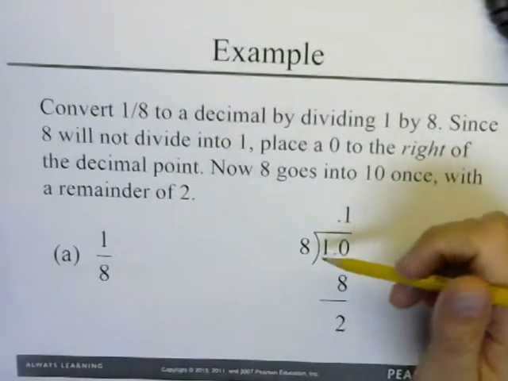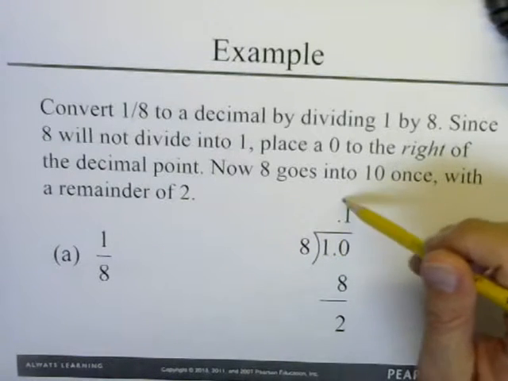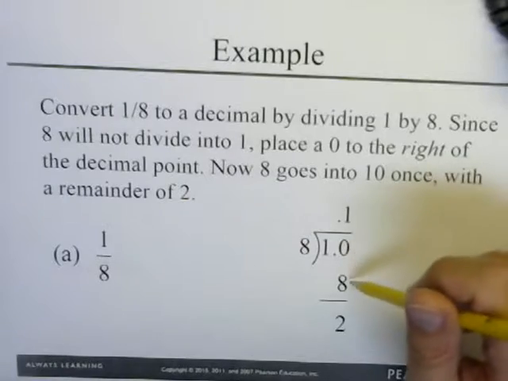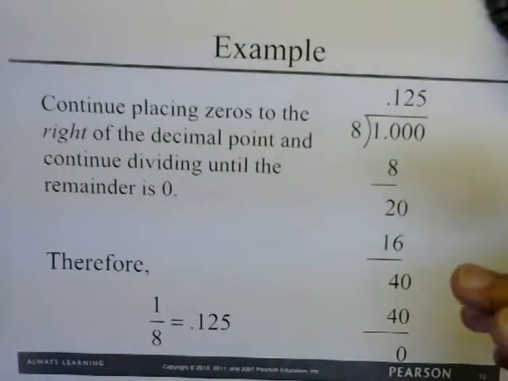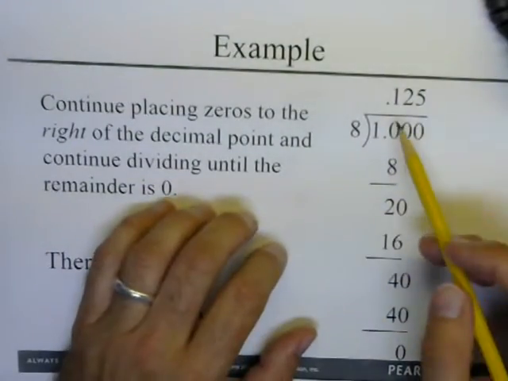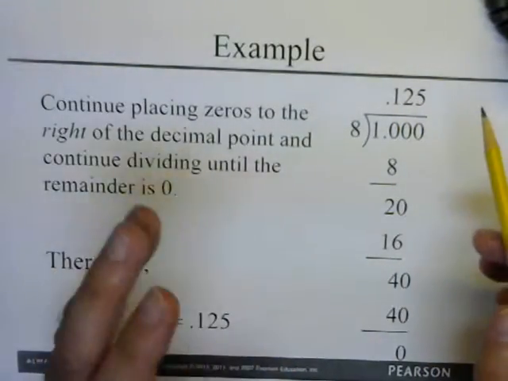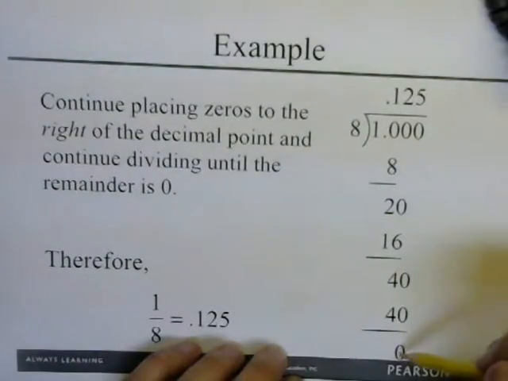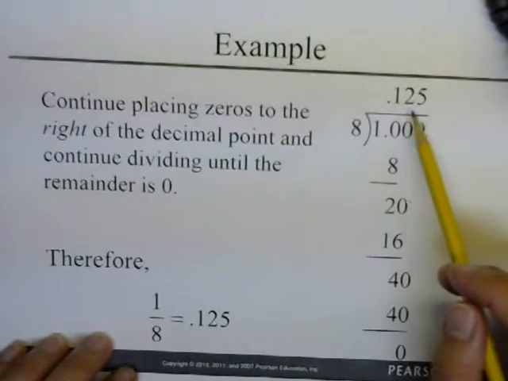You'd take 1 divided by 8, that gives you 0.1, and then you'd have a remainder of 2. So again, you can either keep going like that, or you can just stop whenever you want, especially if the decimal keeps going on forever, then you'll have to round the answer or write it with the remainder. But if this does stop at some point, if you do get a remainder of 0, you get that. So that means that 1/8 is the same thing as 0.125.